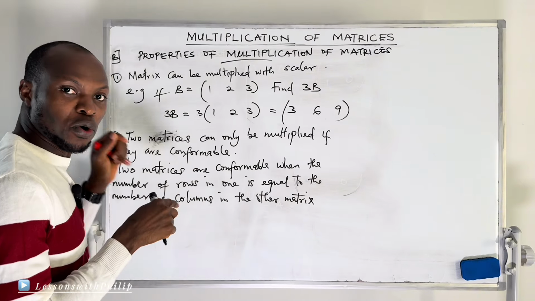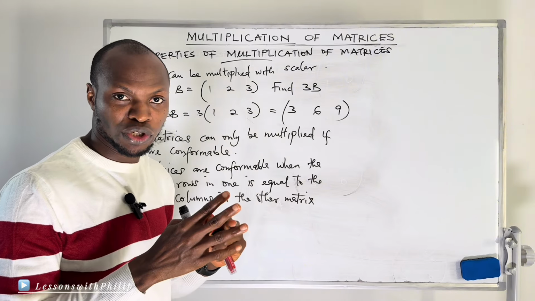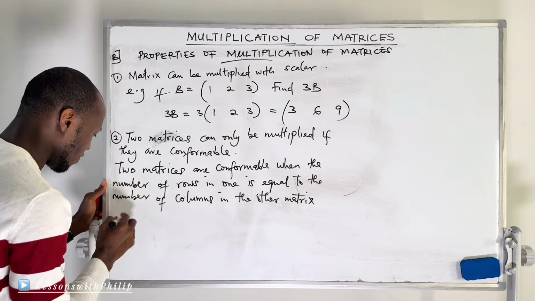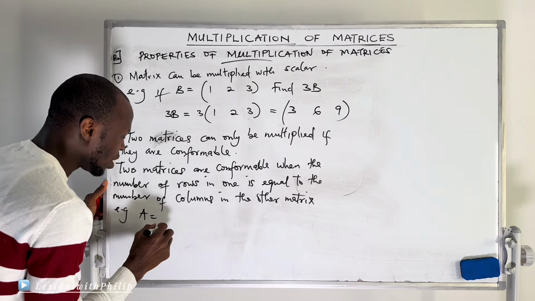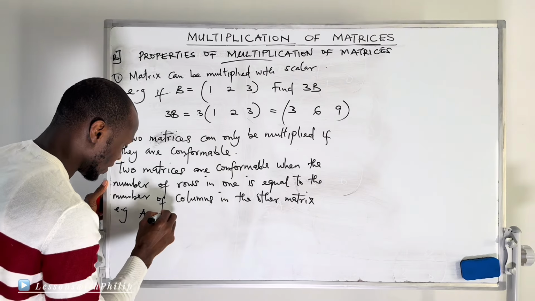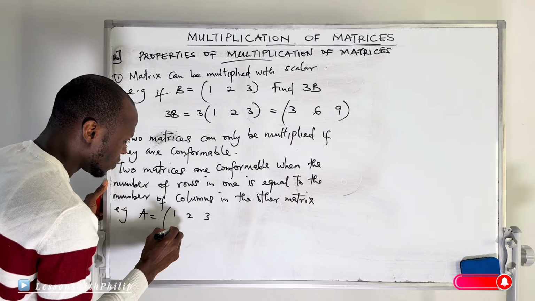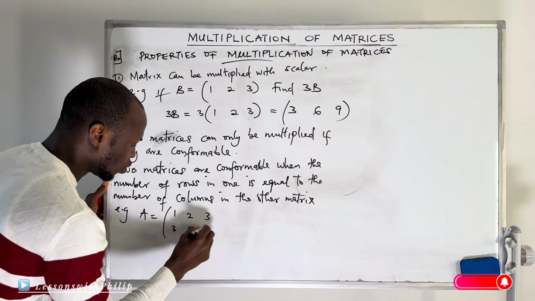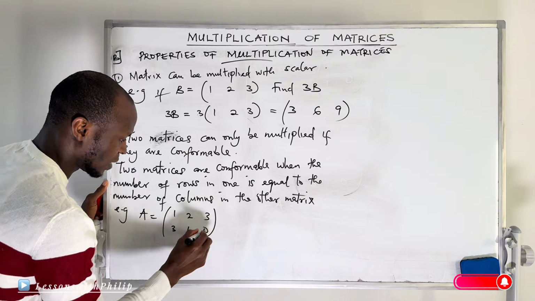Okay, when the number of rows in one matrix equals the number of columns in another matrix, we say such matrices are conformable. For example, if I have a matrix A equal to a 2 by 3 matrix, let's say 1, 2, 3 and 3, 1, 0, this is a 2 by 3 matrix.